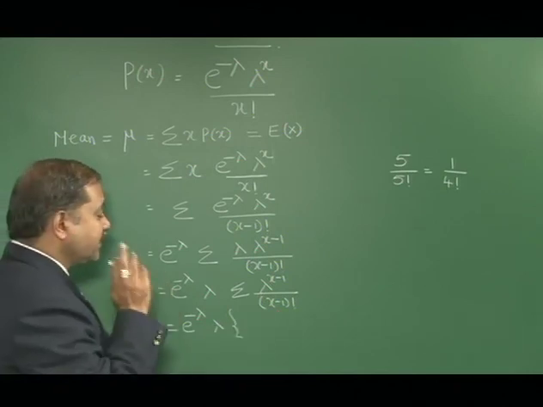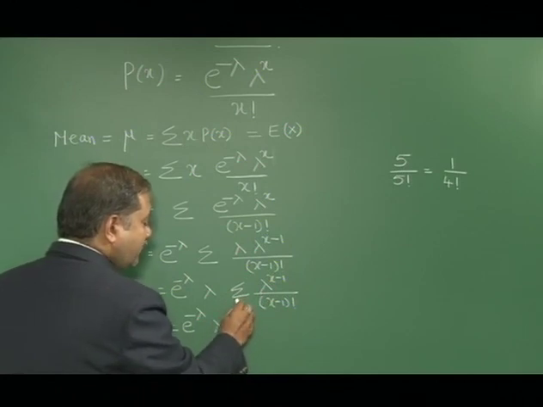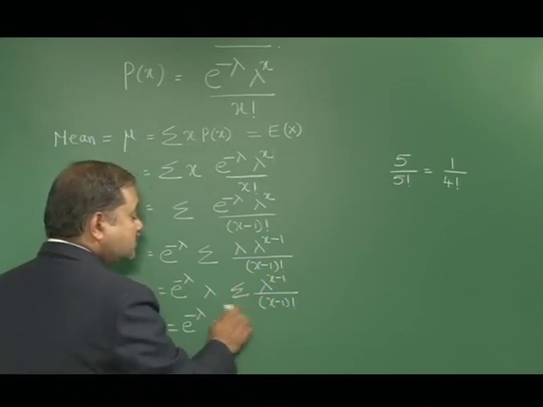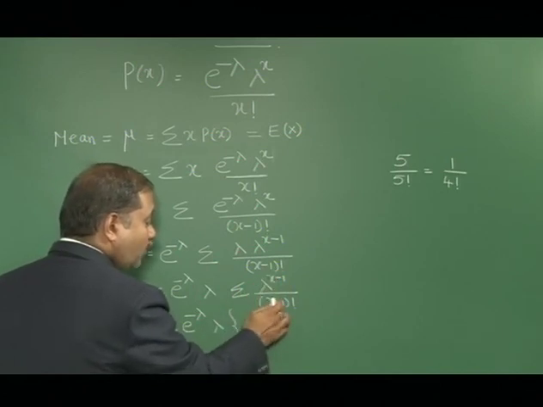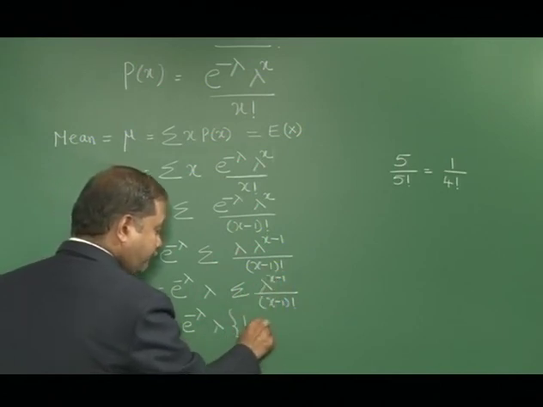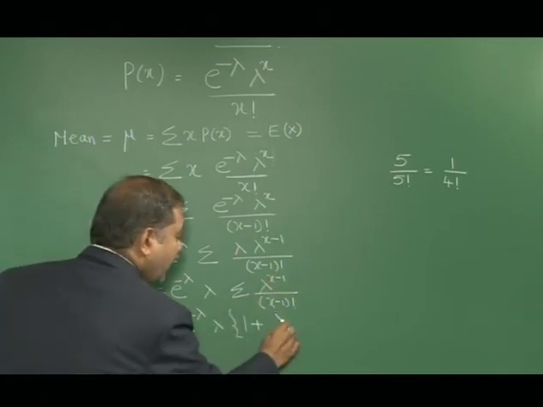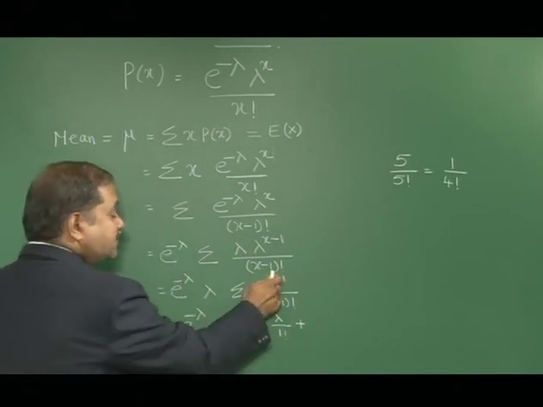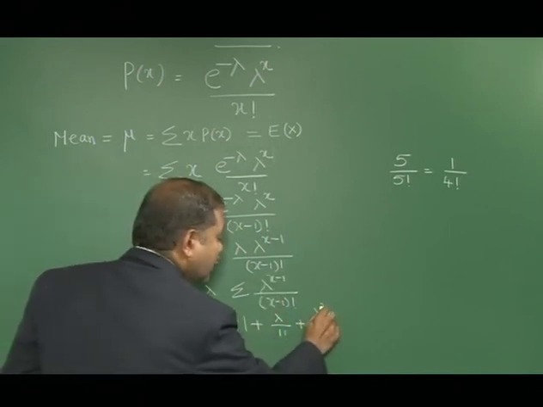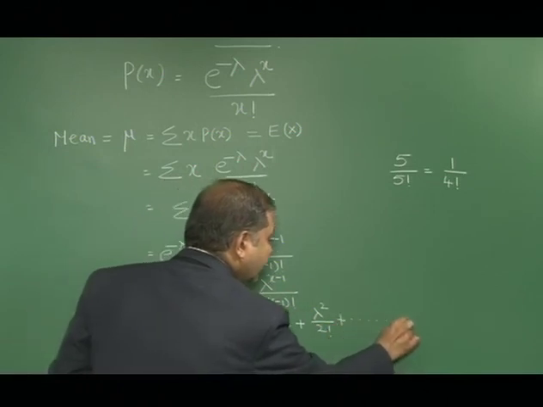Therefore when x is equal to 0, I leave this. Then the next value is from x is equal to 1 to infinity. So when x is equal to 1, lambda power 0 is 1, 0 factorial is also 1, plus x is equal to 2, lambda by 1 factorial, x is equal to 3, lambda square by 2 factorial, like that I can go until infinity.